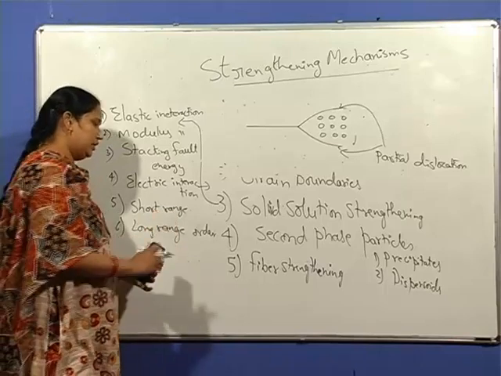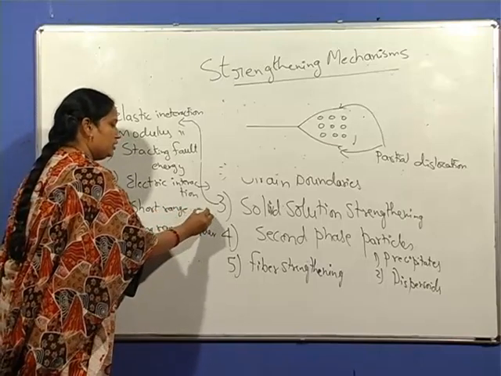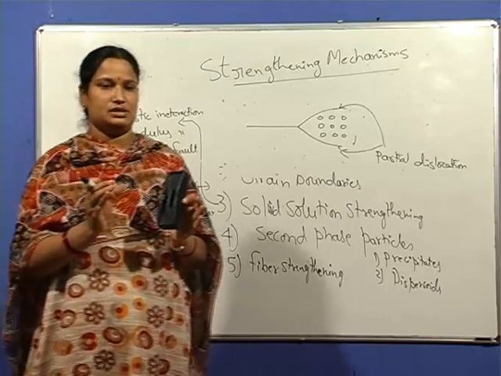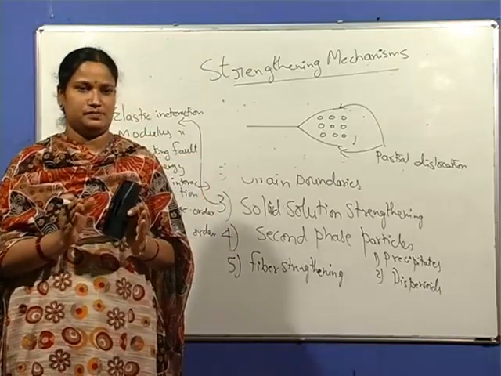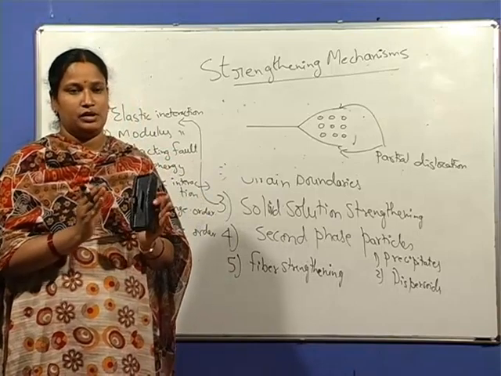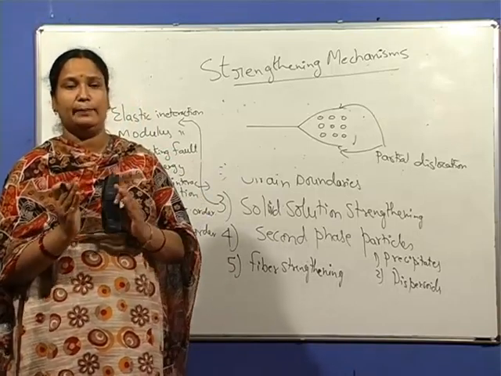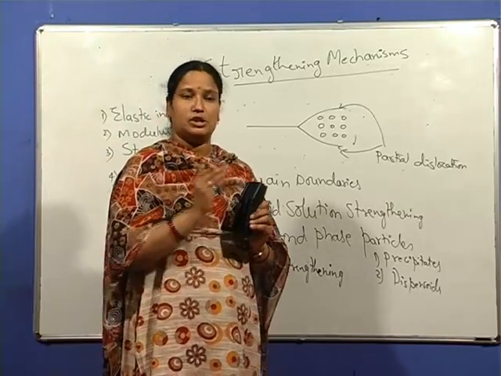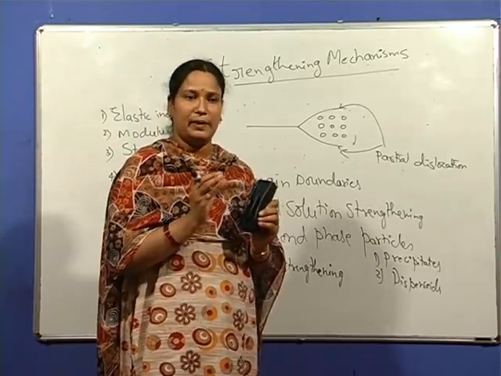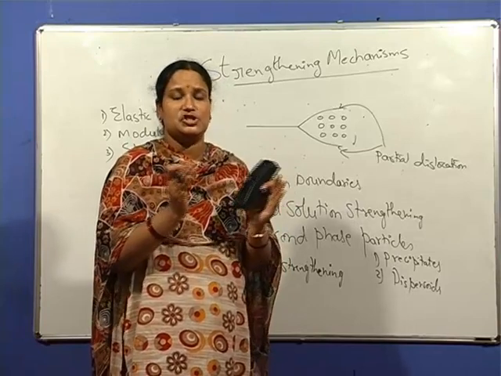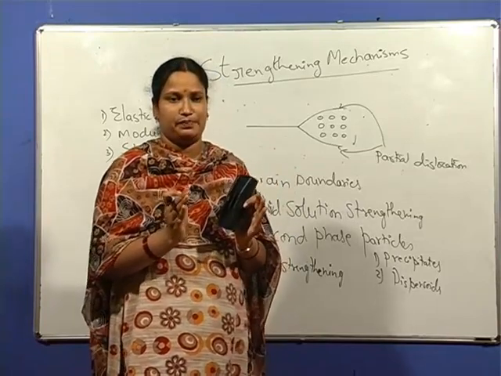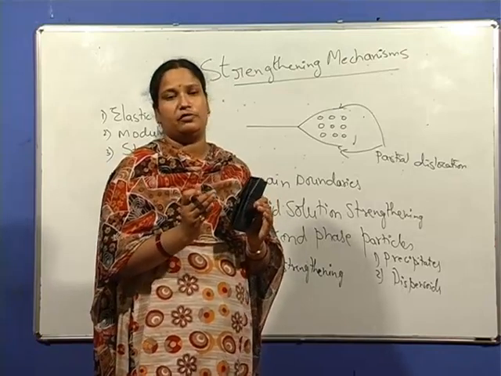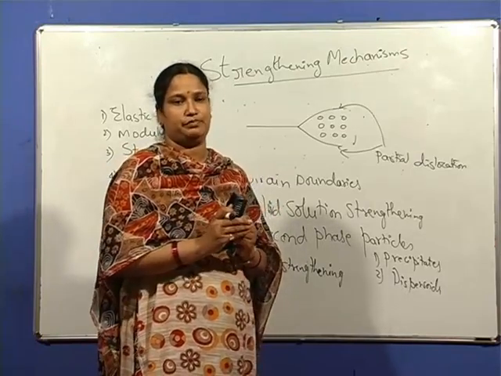Short range order. Short range order is when the solute atoms arrange themselves in such a way that there are more dissimilar neighbors.